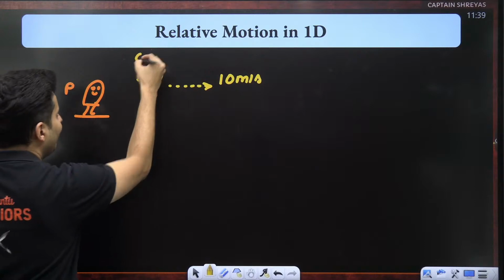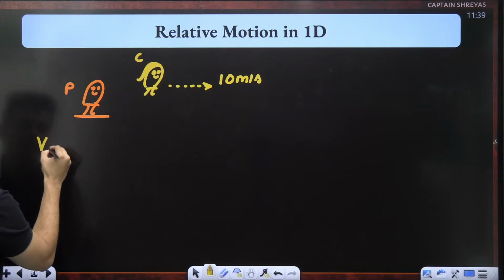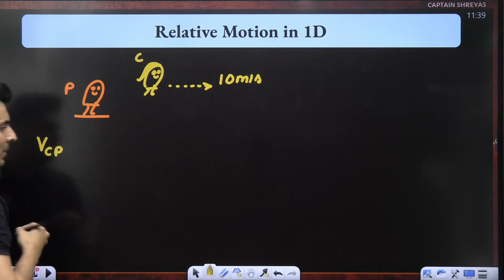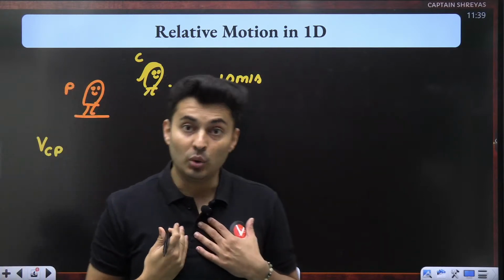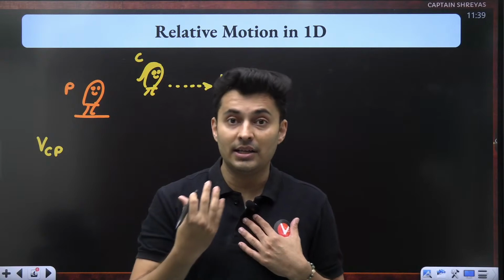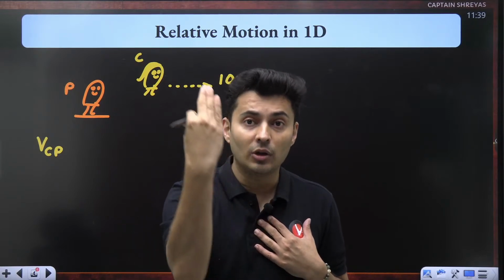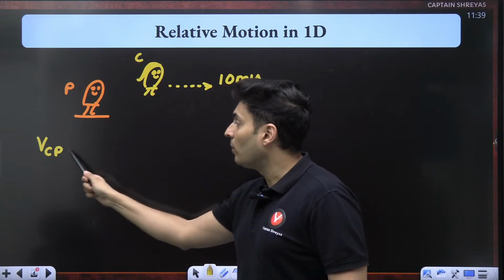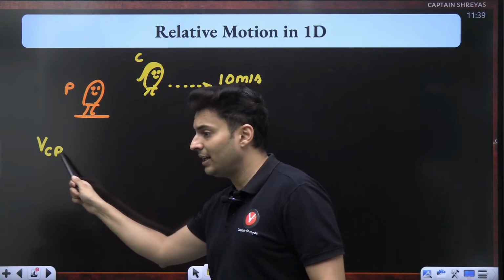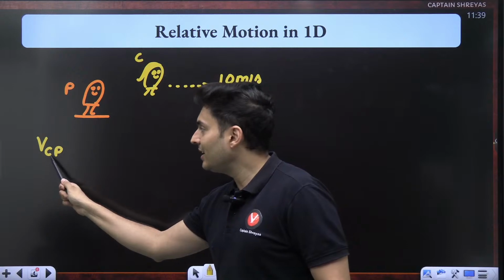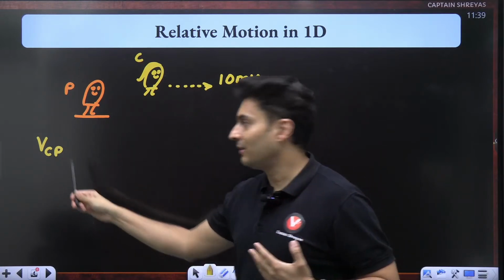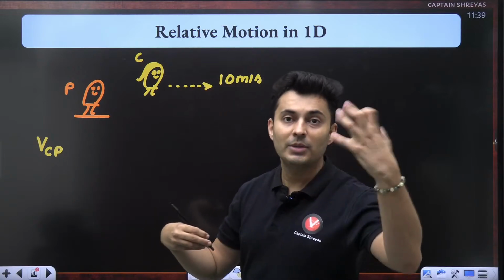So I will say that the velocity of Champa with respect to Pandu, meaning Pandu is the observer, Champa is the object or the particle or that thing which is moving. So Champa is being observed by Pandu. That is how you write it in physics. C is the one which is observed. P is the one who is observing. The first one is the object being observed.